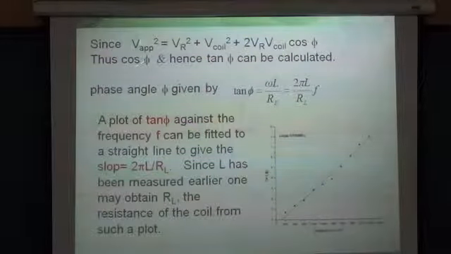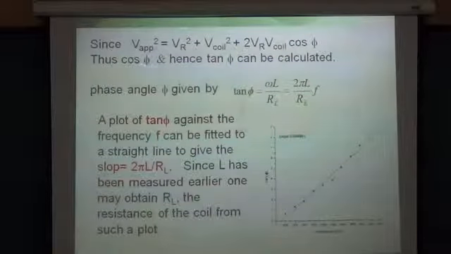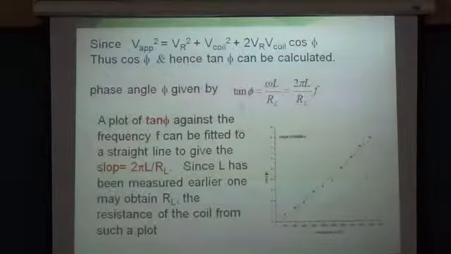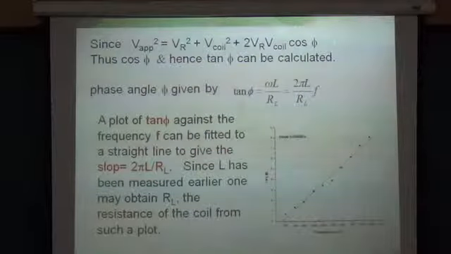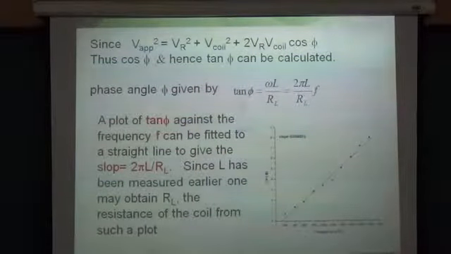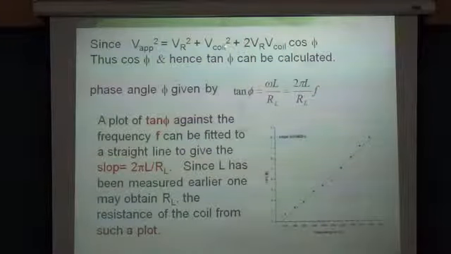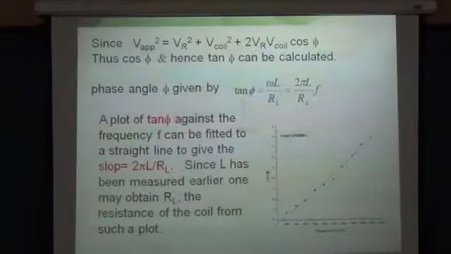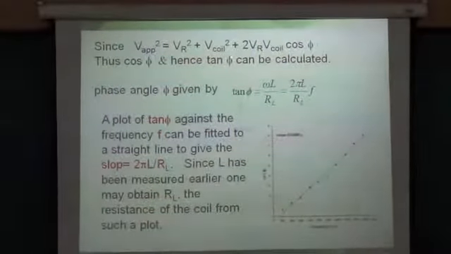Now we know the applied voltage squared will be VR square plus V coil square plus 2 VR V coil cos phi. So I am measuring applied voltage, VR and V coil. Substitute that and find out cos phi. From cos phi find out what is tan phi.